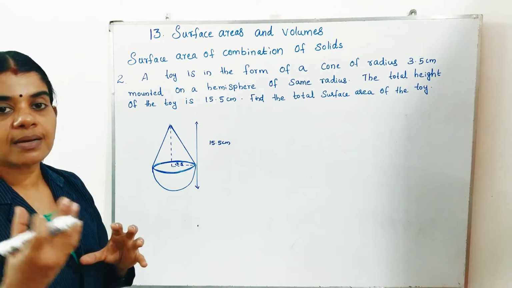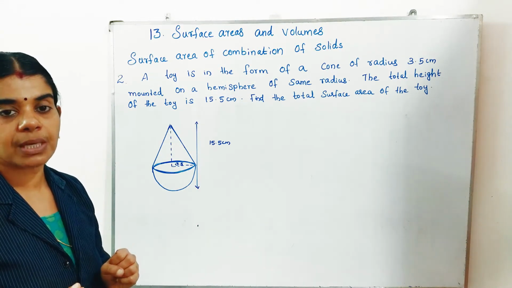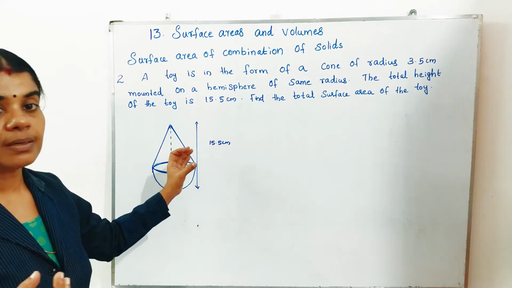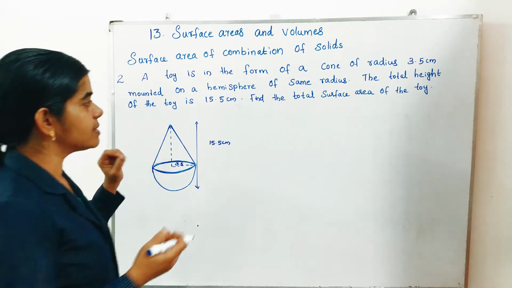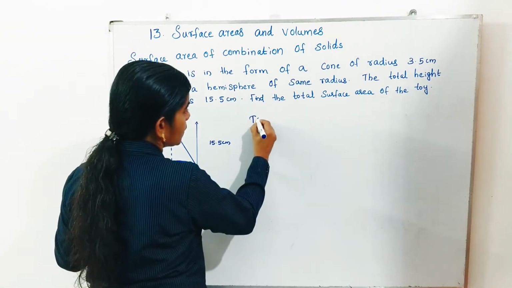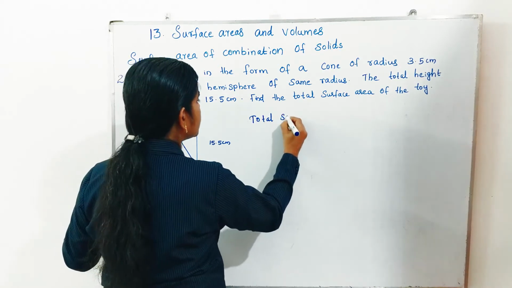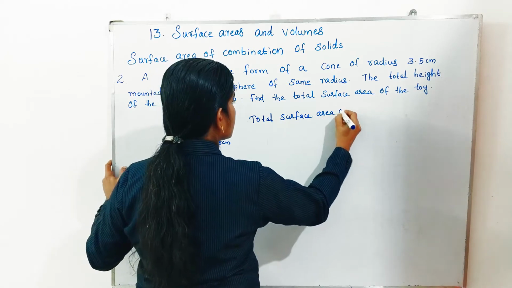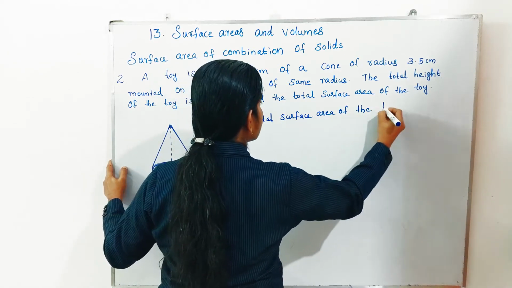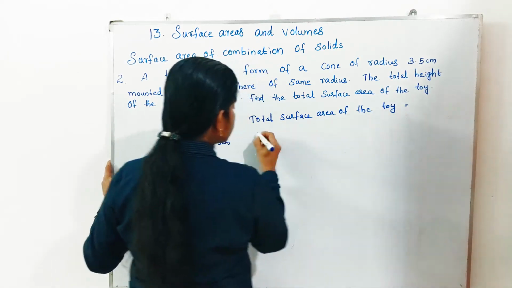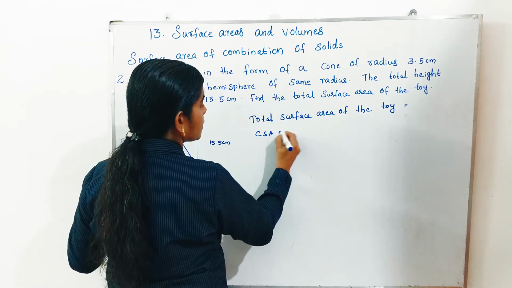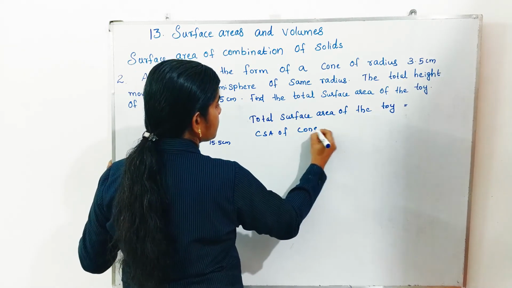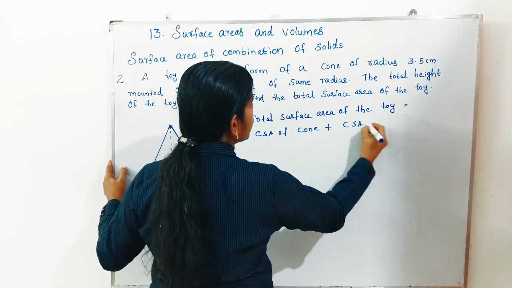You can see the curved surface area of the hemisphere plus the curved surface area of the cone. That will be the total surface area of the toy. So, total surface area of the toy is equal to CSA of cone plus CSA of hemisphere.